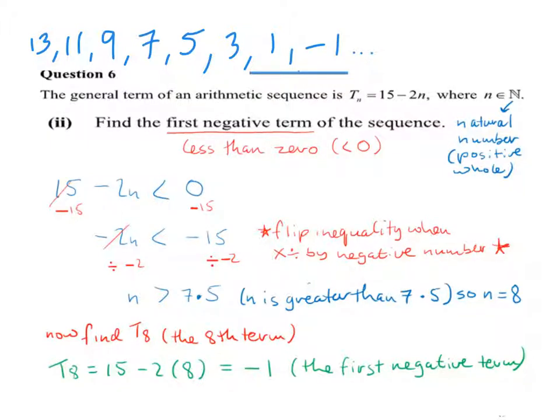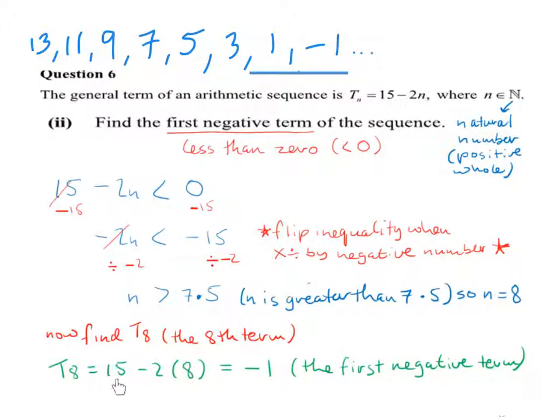So what we need to do is find term 8, the 8th term. We can count along, that's one way. So term 1, term 2, term 3, term 4, term 5, term 6, term 7, term 8. Yeah, there we are, minus 1. Or we can take Tn, which is our formula, 15 minus 2n, and swap that n for a set of brackets and put 8 into it.